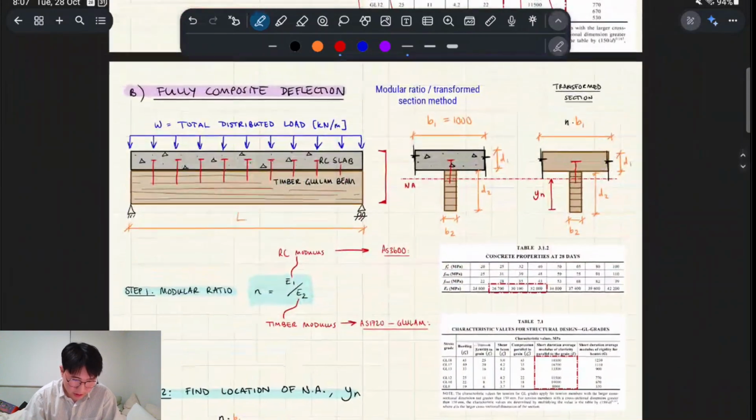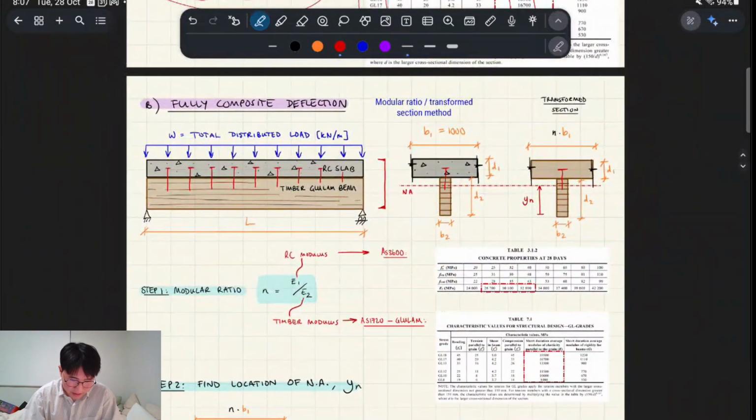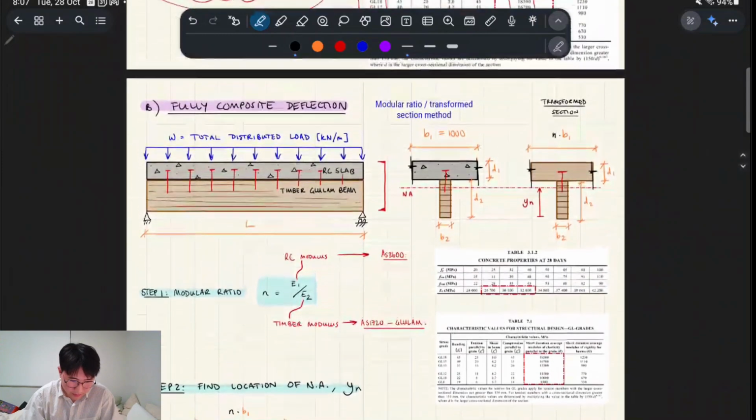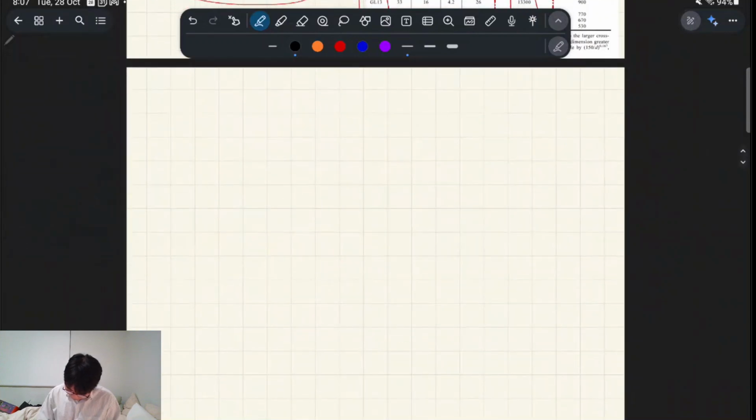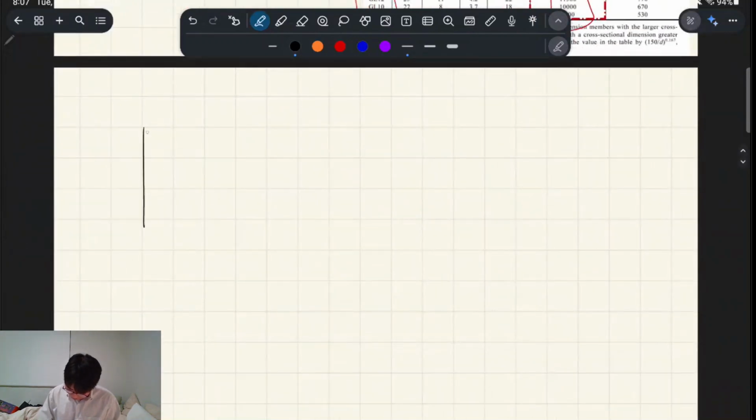So fully composite deflection works a little bit differently, right? You use the modular ratio method. This is basically, if you've done concrete, which I think most people have, here's a reinforced concrete beam.